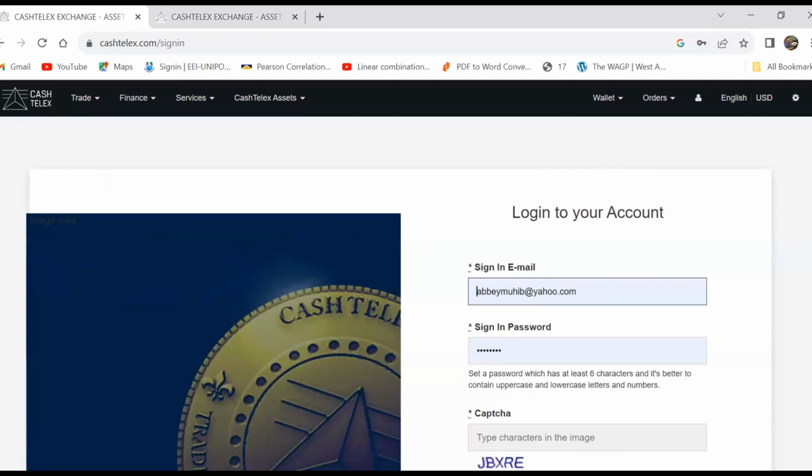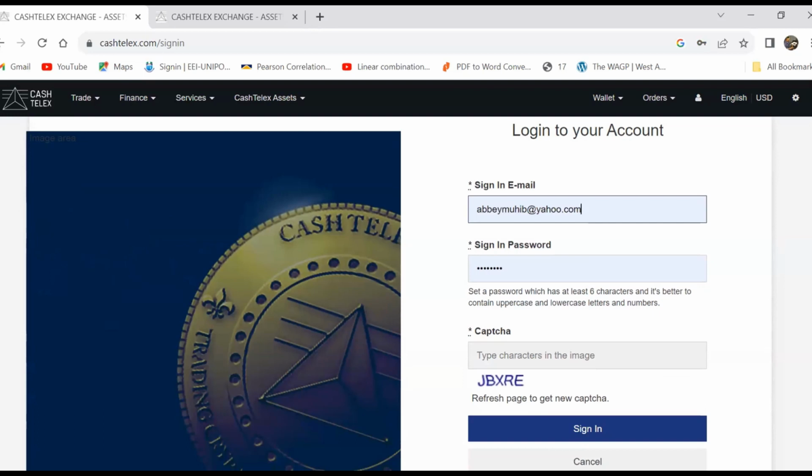Now it has taken me to the sign-in page. The first thing you see is the sign-in email, which is my registered email with CashTelex Exchange, and then your password, which was generated when you were signing up.